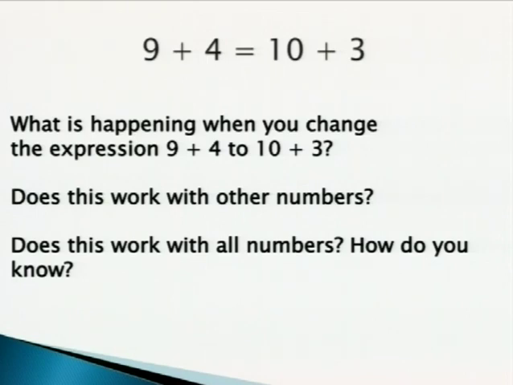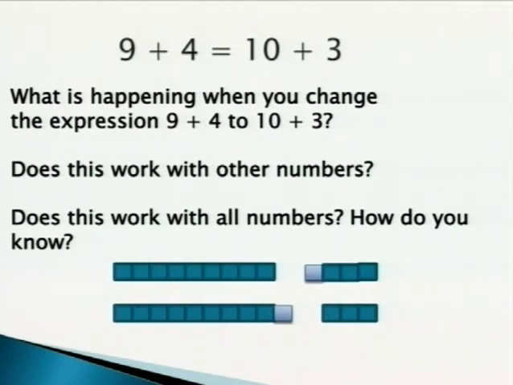In order to take this idea, which is implicit in the thinking of many students, and raise it to an explicit level for consideration, we now ask, what's happening when you change the expression 9 plus 4 to 10 plus 3? Does this work with other numbers? Does this work with all numbers? How do you know?